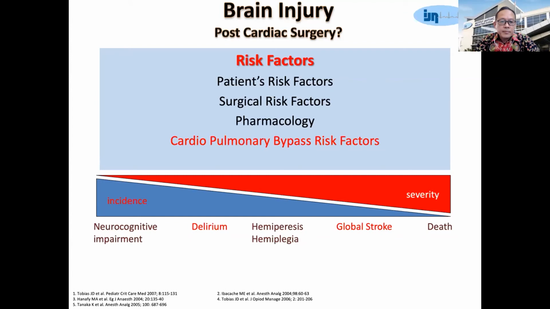In a mild form, they can present with neurocognitive impairment, and in between, we can be presented with delirium, hemiparesis, or global stroke. And there are various factors affecting brain injury after cardiac surgery. There are patient risk factors, surgical risk factors, pharmacology, and what we would like to learn today is how the running of cardiopulmonary bypass poses a certain risk to brain injury.